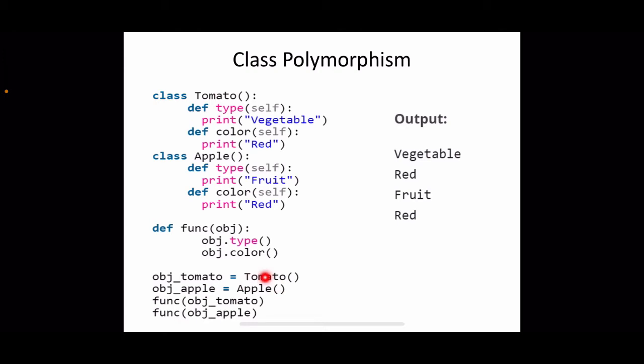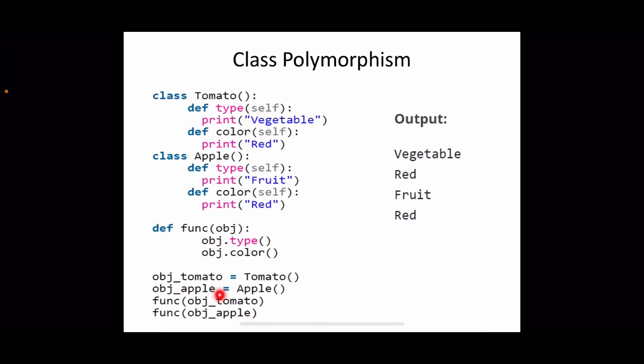So an object of the tomato class is created with the name object tomato. And another object, apple, is created from the apple class. Now we are invoking this function by passing object tomato as the argument. Its corresponding methods will be invoked. Inside this, it will call these two different functions.